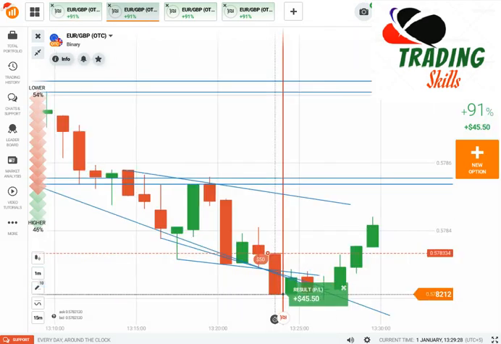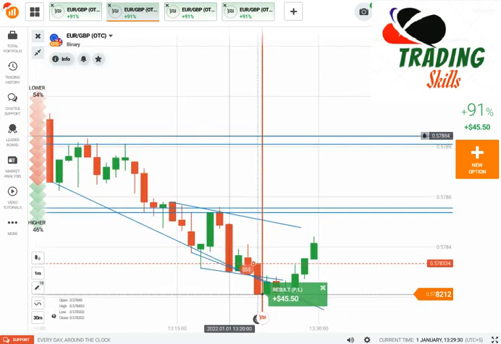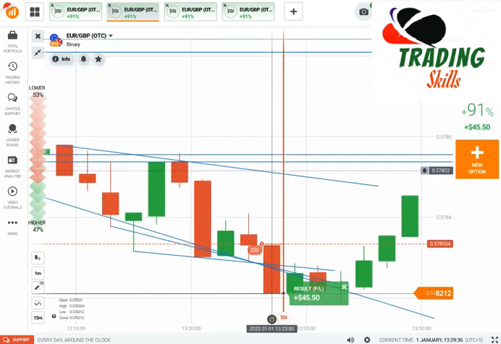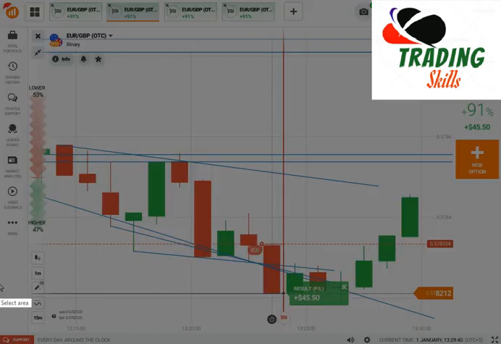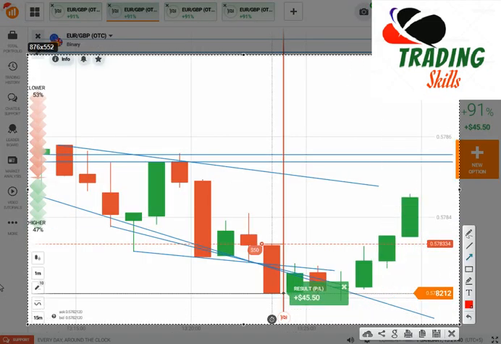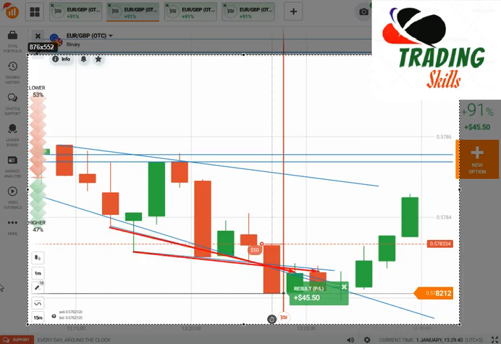Now after that I took a trade here in a down direction. I waited here at least only for 1 minute, and now you can see what I did. It was very simple to see. We have already drawn the levels here.